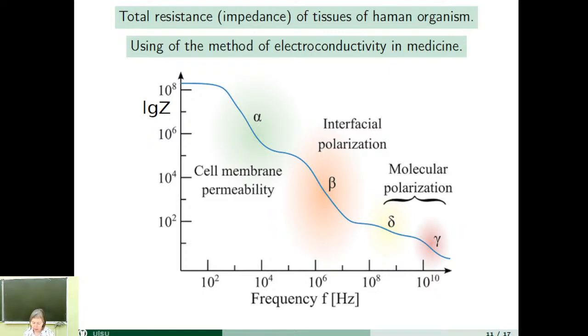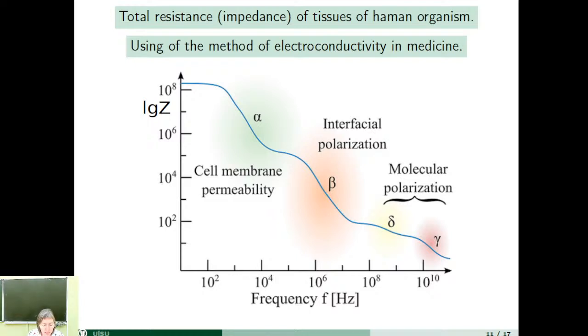In diagnostics, the method of measurement of the angle of phase shift is used at some diseases or at physiological changes. A perceivable change of the angle of phase shift is found out.